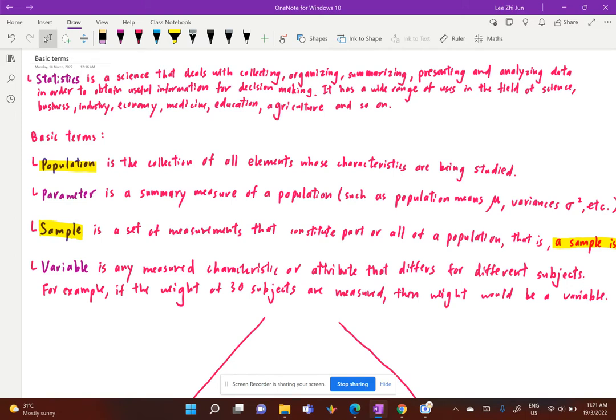Another example, if the marks of 40 students in a mathematics test are measured, the marks will be the variable. And if the age of each patient going to the clinic is measured, the age will be the variable.